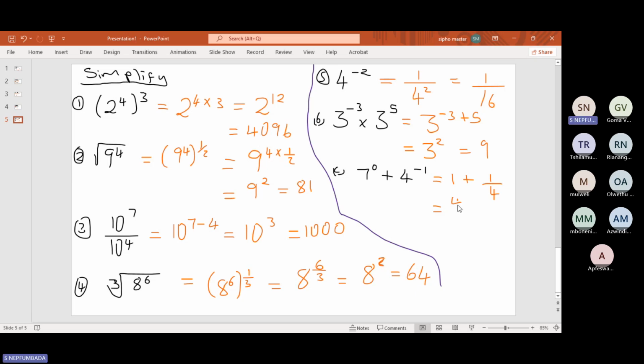We can write 1 as 4 over 4, plus 1 over 4. Or we can find the LCM, since this one is over 1. 1 goes into 4 four times, 4 times 1 is 4, then plus 4 goes into 4 once, 1 times 1 is 1. Then we get 5 over 4.